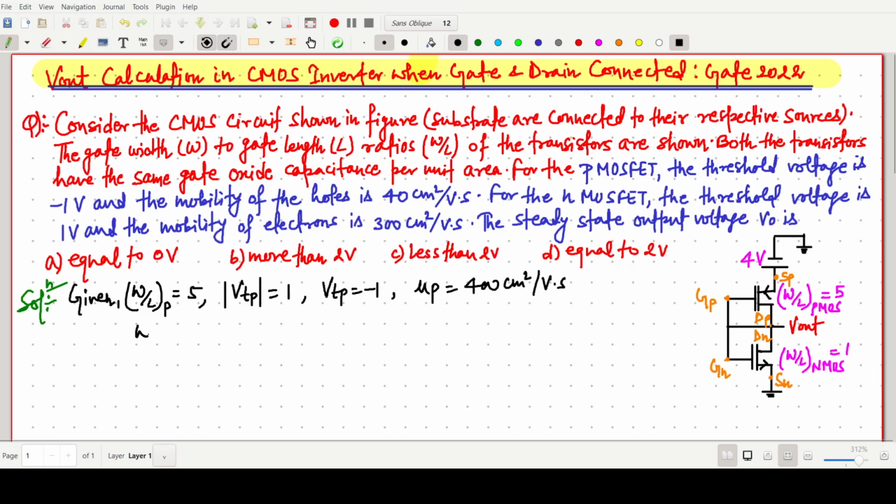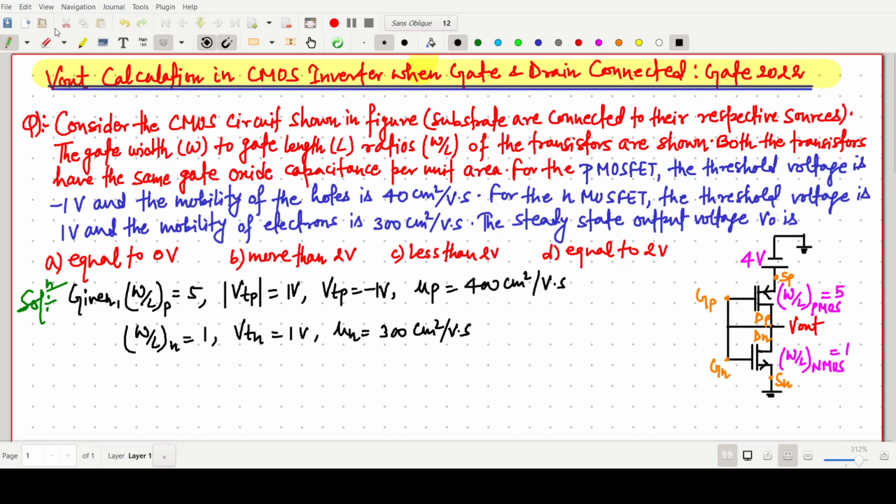Similarly for the NMOS, W by L is 1, VTN is 1 volt, and the electron mobility mu n is 300 centimeter square per volt per second.